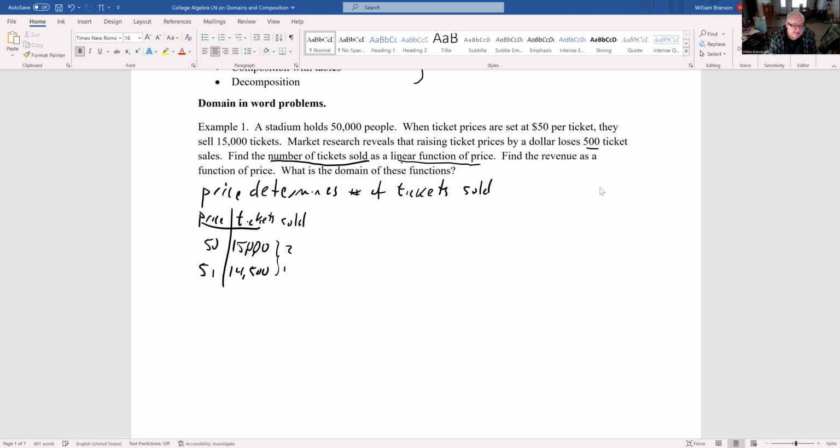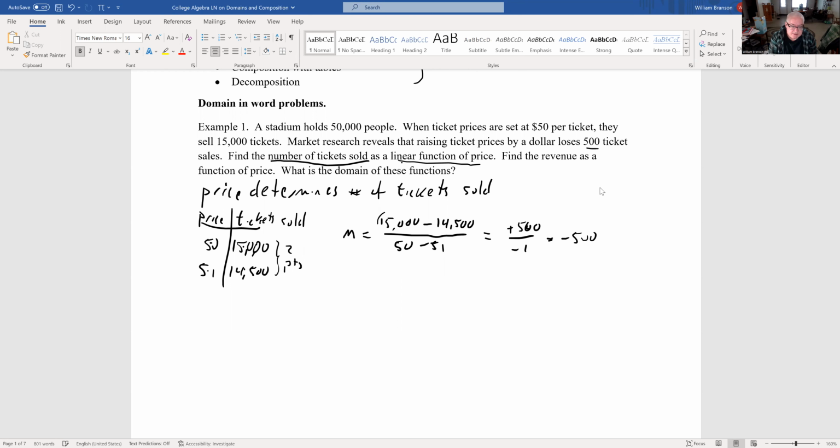Well, we've got 2 points here. So slope we know is going to be 15,000 minus 14,500 over 50 minus 51, x1, y1, x2, y2. And that's going to be positive 500 over minus 1, which is minus 500.